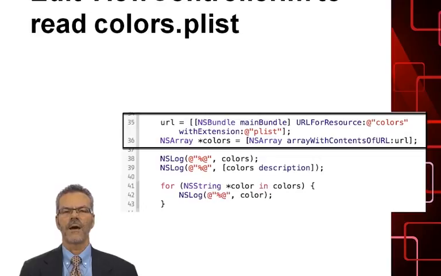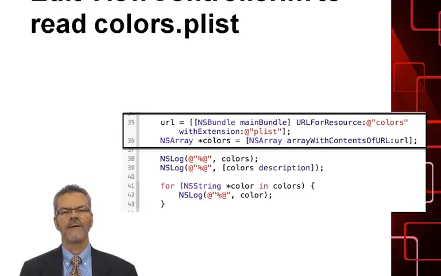Once we had the URL, we'll do something we've not seen before, and that is use NSArray with contents of URL. So what this will do is go to that URL, look up the information, in this case the colors.plist, and it will create an array that has the colors.plist.